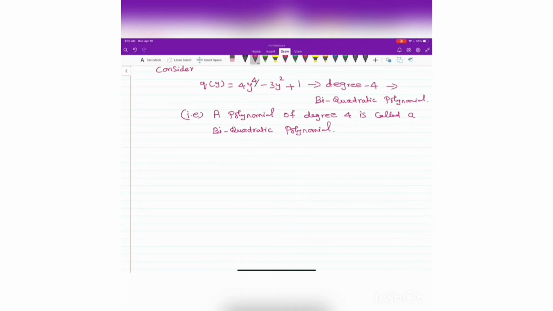Here I am going to restrict myself to how to write the general form of a biquadratic polynomial.